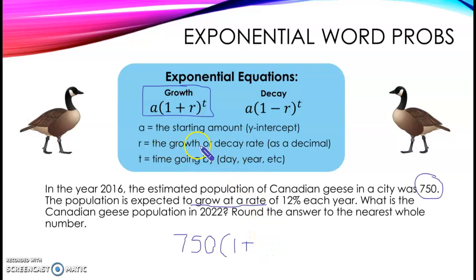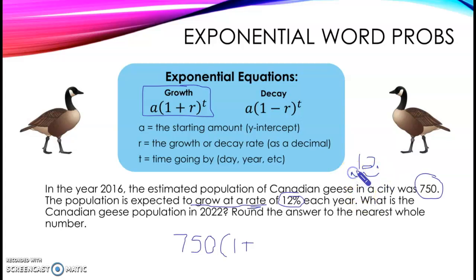And then R is the growth or decay rate as a decimal specifically. This is the growth rate. You can see the word rate there is 12%. However, we have to convert this percent to a decimal. As a reminder, 12% has a little decimal point that we don't see after the last whole number, and you always move it over 2 places to convert a percent to a decimal.